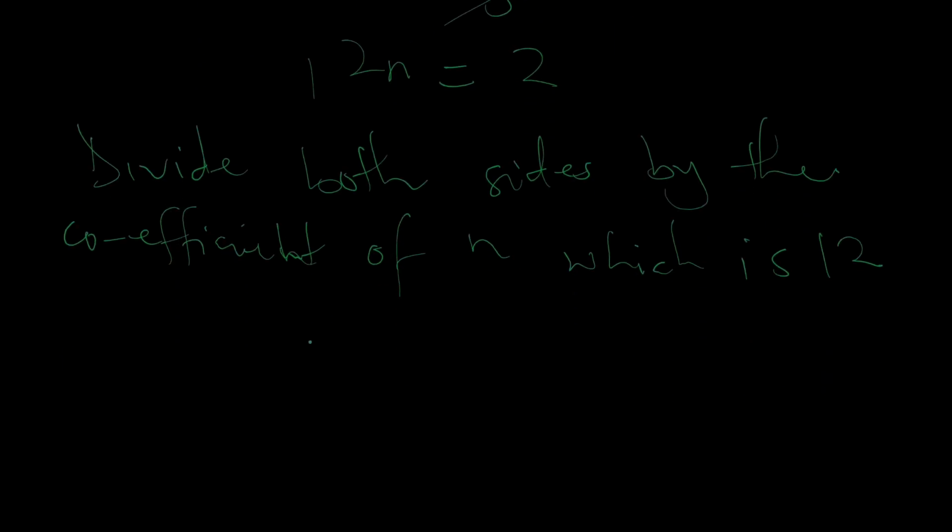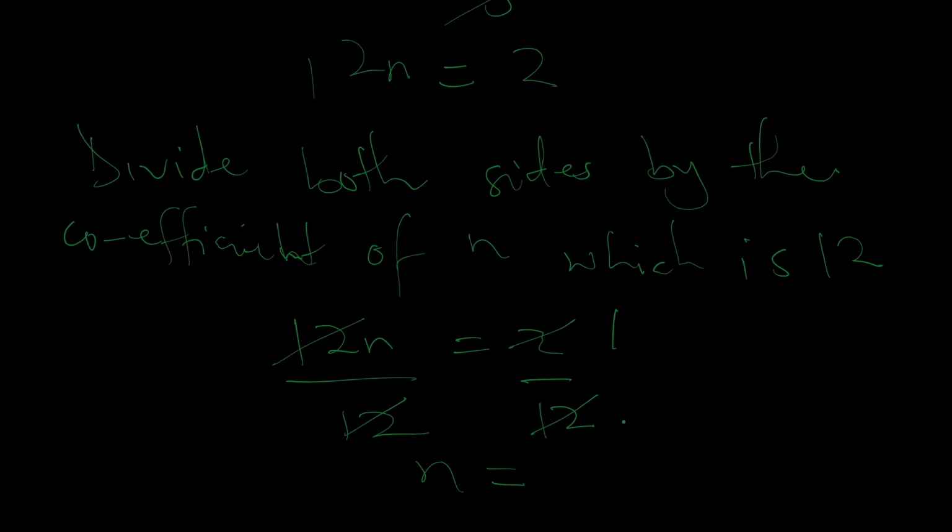So then we have 12n over 12 is equal to 2 over 12. 12 cancels 12, we have n is equal to 2 over 12; 2 goes into 2 once, and into 12 six times. So our n becomes 1 divided by 6. So now we move on to the next question.